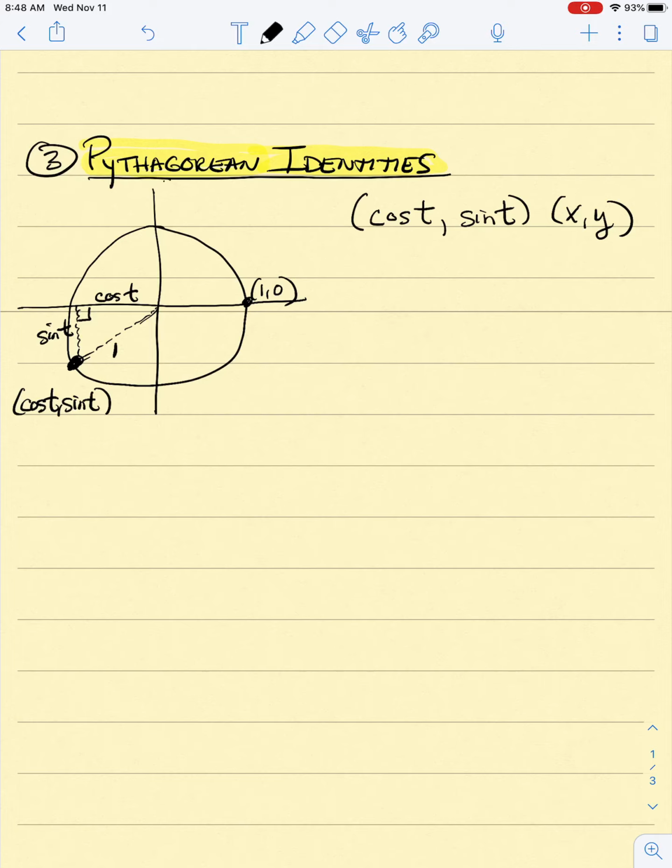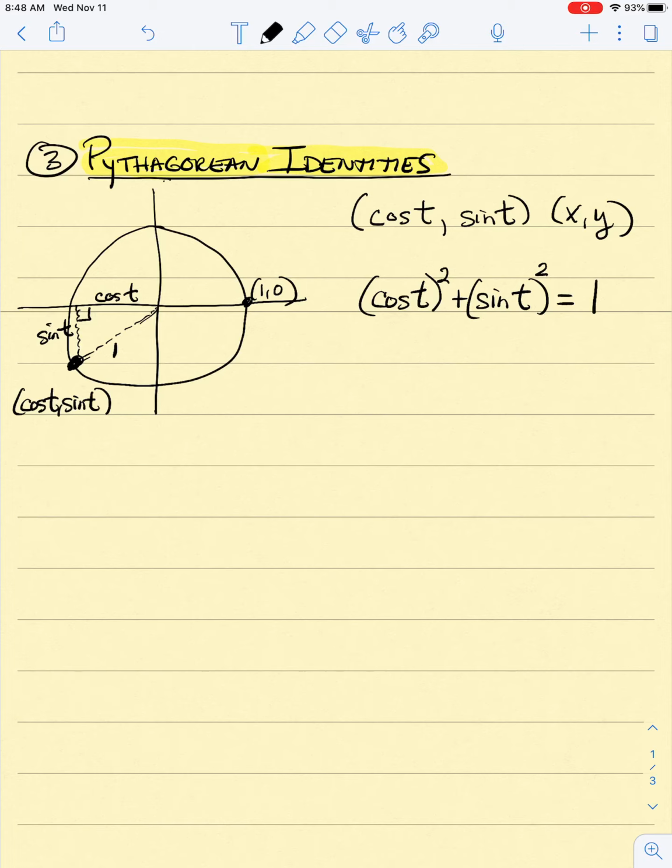Remember, I'm leading into Pythagorean identities. What we know now is cosine t squared plus sine of t squared is going to equal 1 squared, which is just 1.